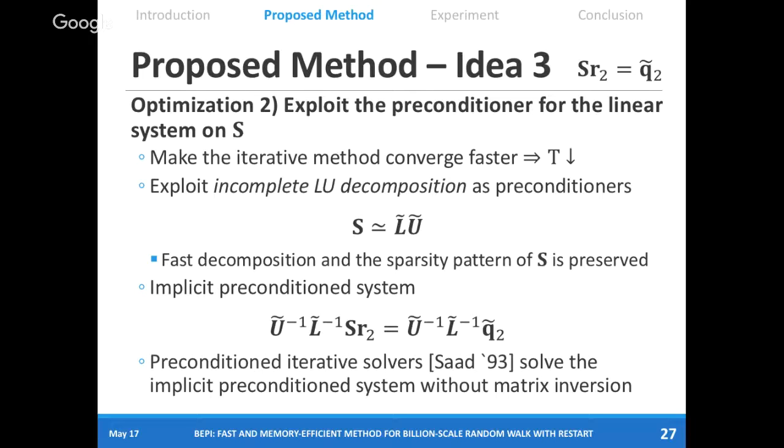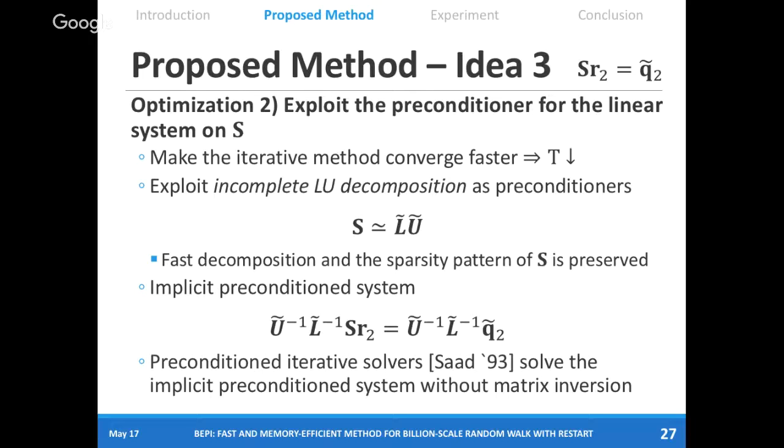The purpose of a preconditioner is to make the iterative method converge faster. In other words, the preconditioner decreases the number of iterations to solve this equation. Actually, preconditioning techniques are well studied in the literature, so you can think of it as a black box in this presentation.